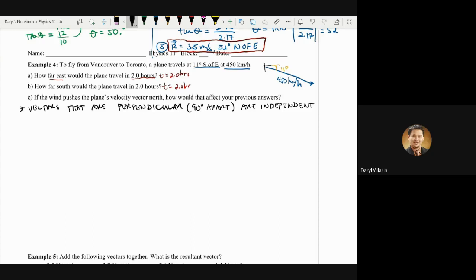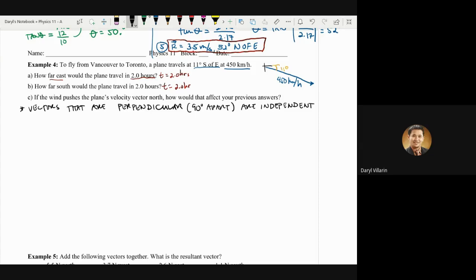That means the distance going east is only affected by its speed or velocity along east.